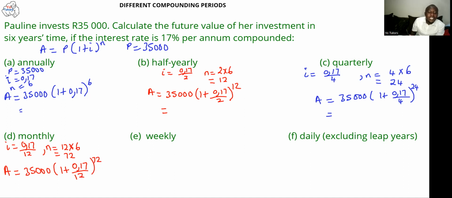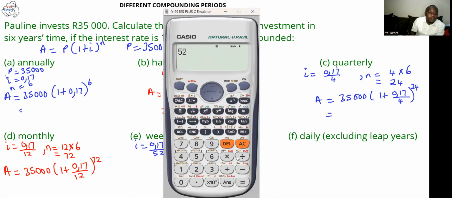Okay, what about weekly? Let's see with weekly there. Our I is going to be equal to 0.17 over 52. Remember, 52 weeks in a year. And what is our n? Our n is going to be equal to 52 times 6. Let's see what we get. 52 times 6, we get 312.